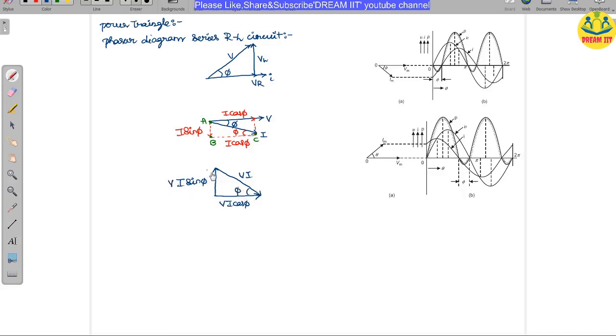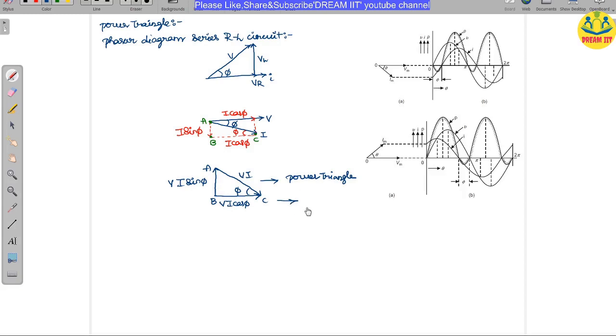Observe the triangle ABC. This triangle is called the power triangle. What are the three types of powers in AC circuits? Let us see now.